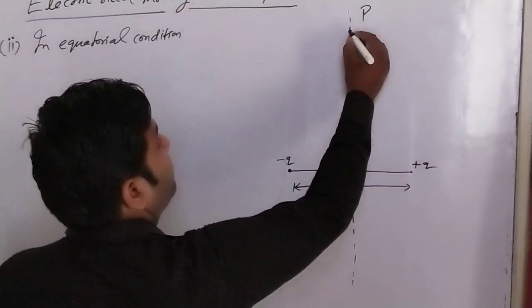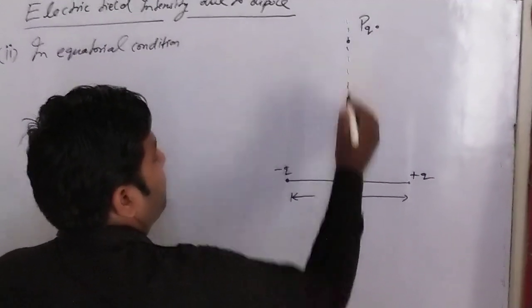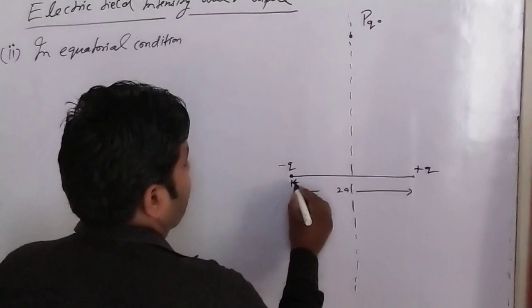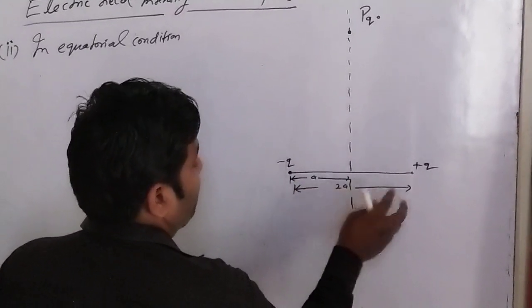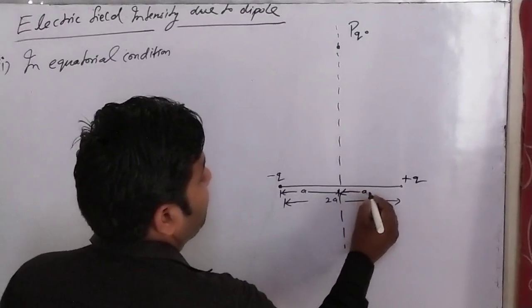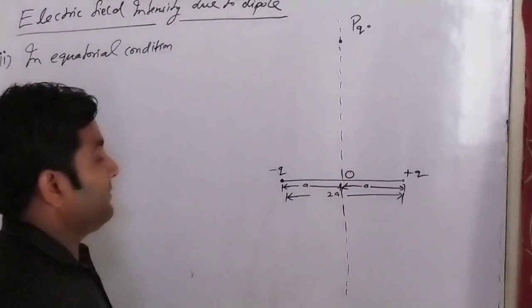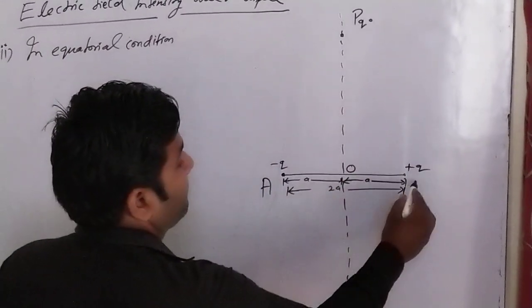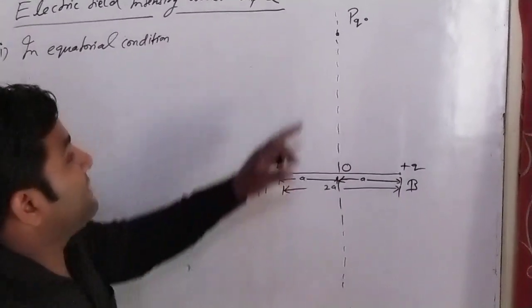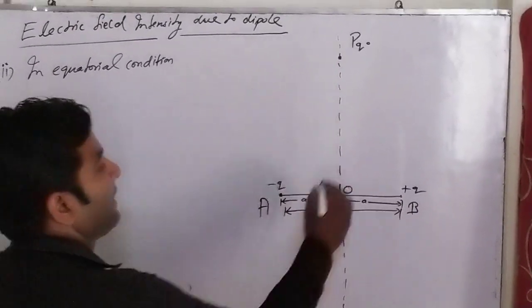At point P a test charge lies. If the total is 2a, then this one will be half and this one also half, that is a. And here O is the midpoint of electric dipole AB. The distance of P from this midpoint O is R.